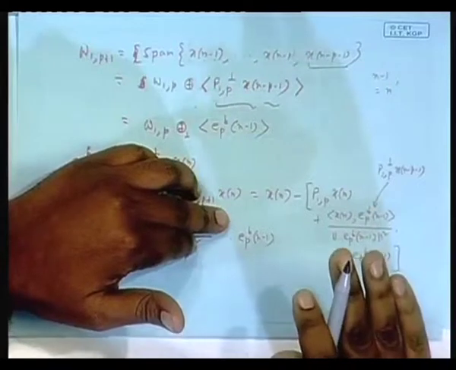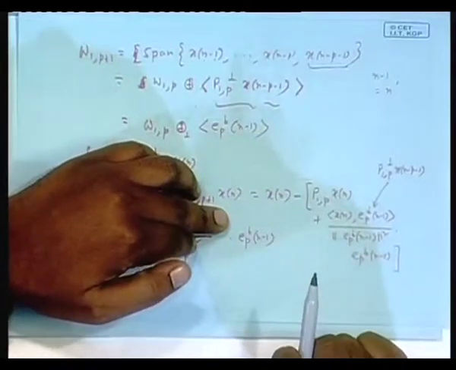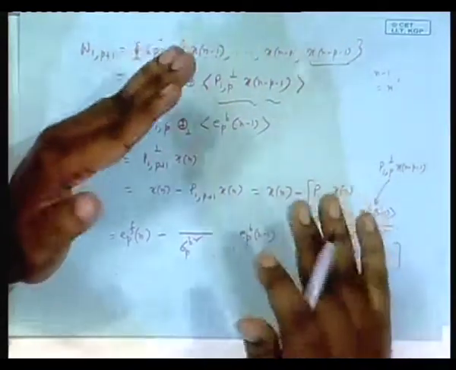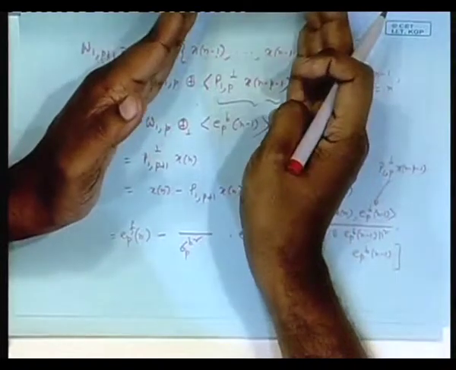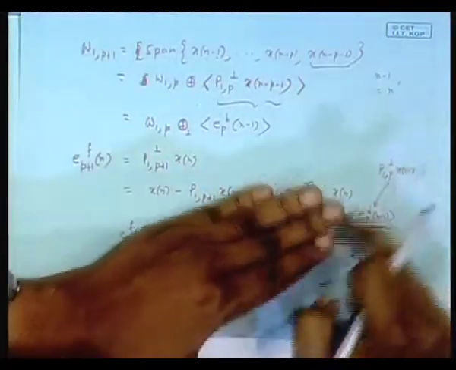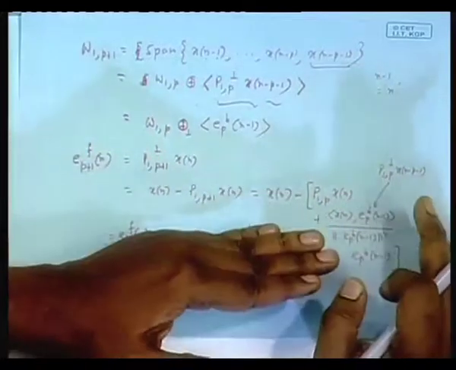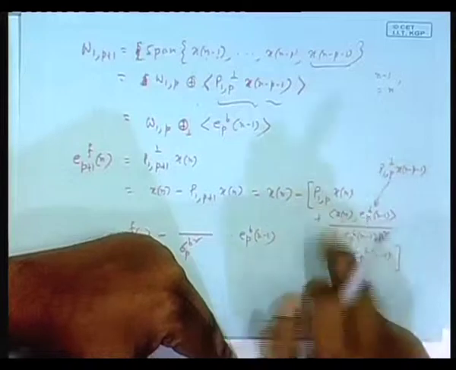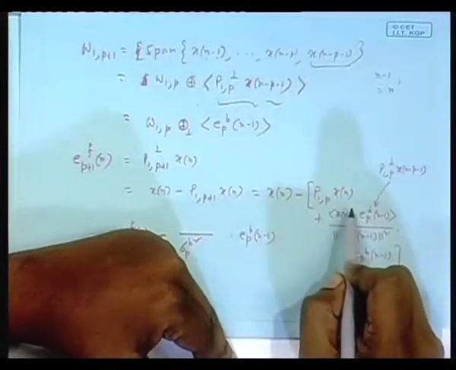You understand? What was the logic? The logic was xn itself can be written as what? Summation of two components, projection on this space and the error. Projection and this, they are mutually orthogonal. So that goes, only the error part. Error part means again P1 P orthogonal xn. So P1 comma P orthogonal xn.